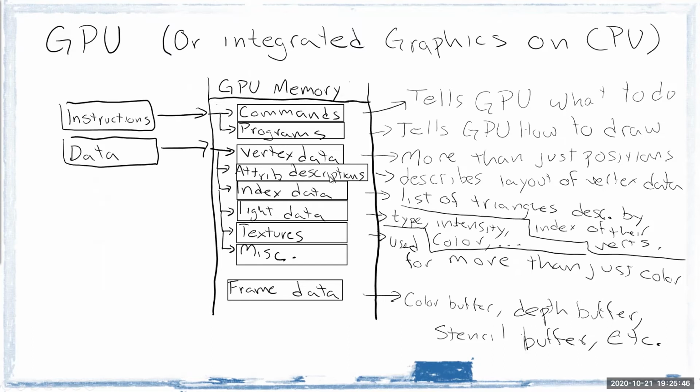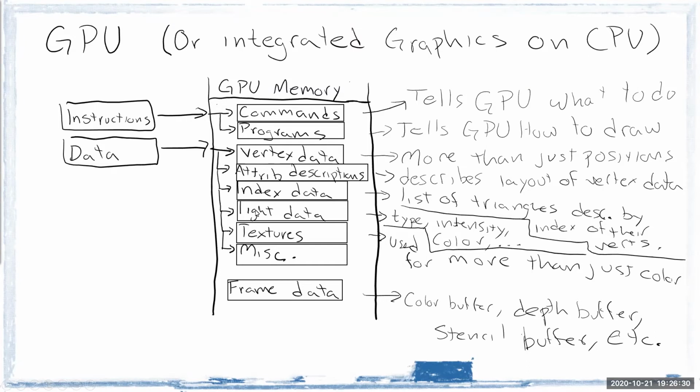That way we can have all of the vertex data in one contiguous place in memory, which makes it way faster to access that data. And we can still split it up in the way that we need it in the programs that we send to the GPU. Index data: I talked about how the triangles are usually described as indices into the array of vertices. And so that's what the index data is for.